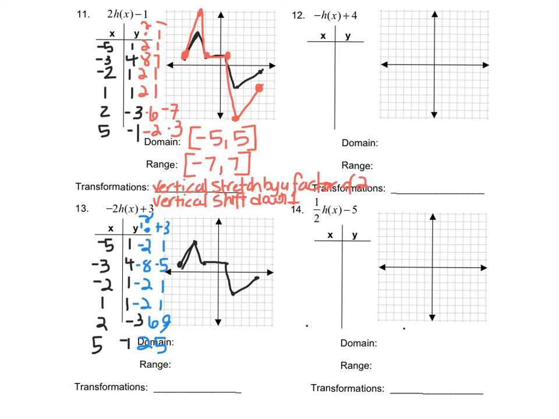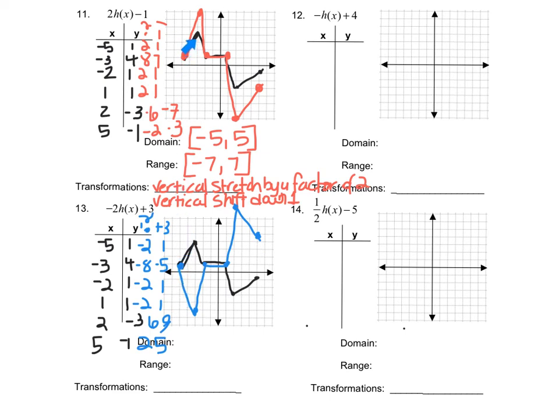So I'm now going to, again, plot these x's with these y's. This final y has the transformation of multiplying by the -2 and adding the 3. So your new graph looks like this. Wow. This looks like it was reflected.